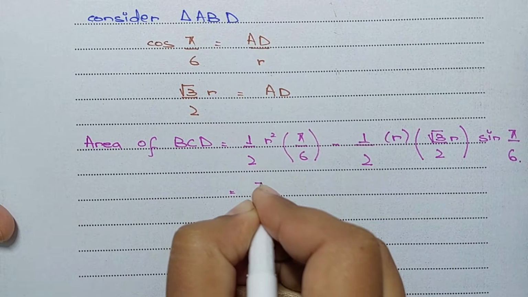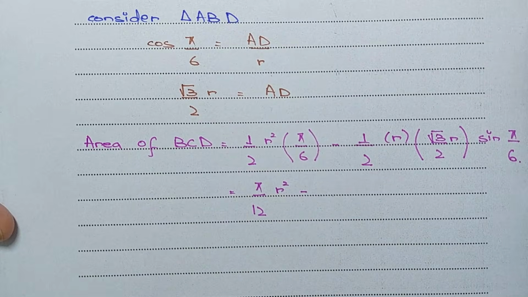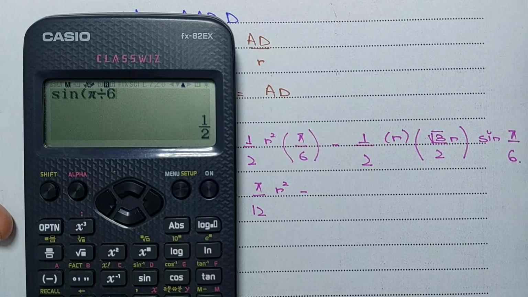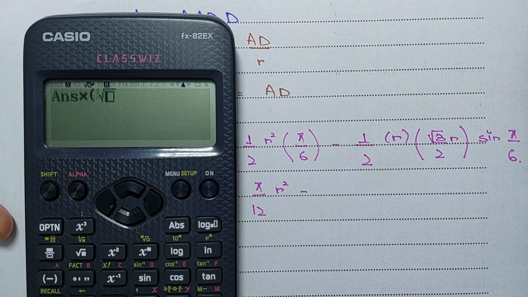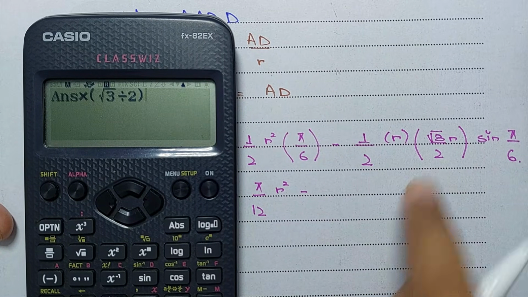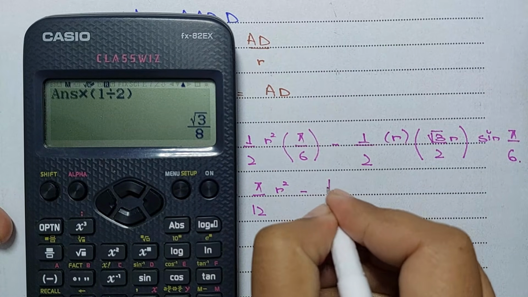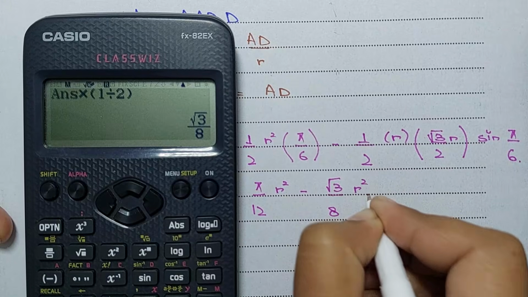This is pi over 12 R squared minus, what is sine pi by 6? Okay, sine pi by 6 is 1 by 2, multiplying with root 3 divided by 2, that gives root 3 over 8, and R times R is R squared.